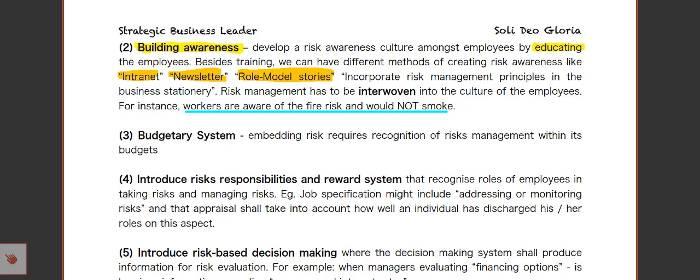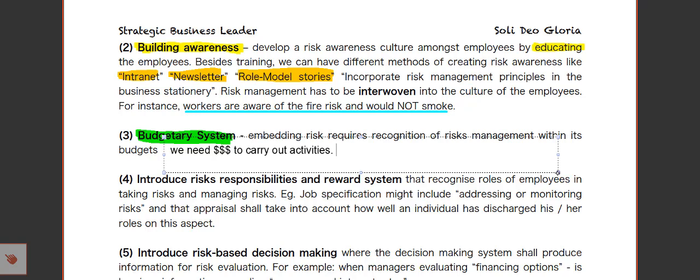And we must also look into the budgetary system. Now, the reason why we look at the budgetary system, we say here that to embed risk, you must have recognition within the budget, is because we need money to carry out activities. All sorts of activities, everything will cost you money.